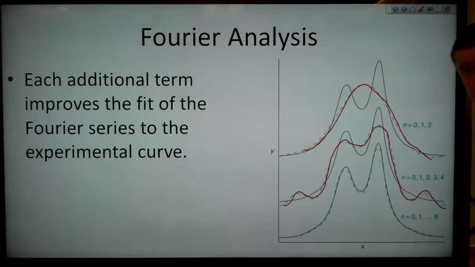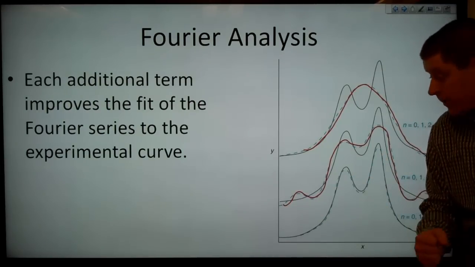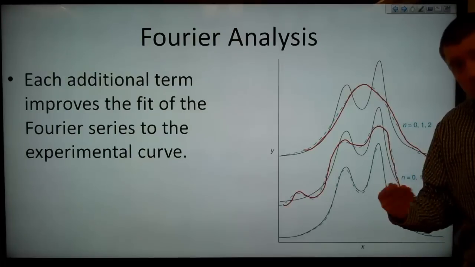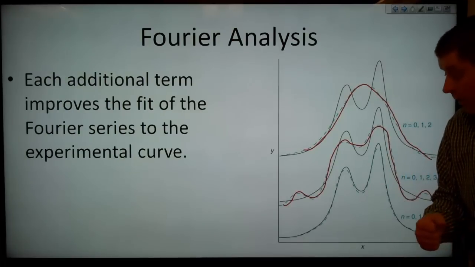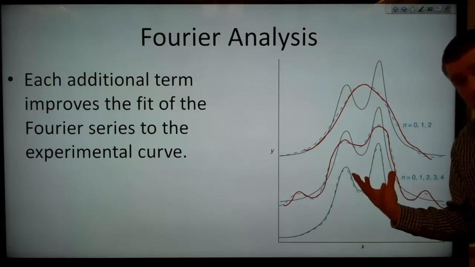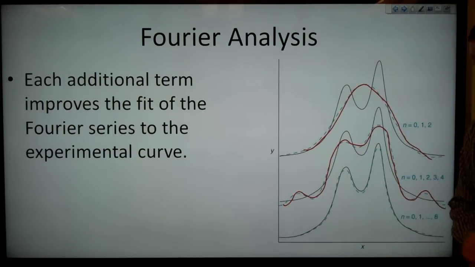We're still not exactly describing our curve here. And so if we continue to add additional terms, then we'll get closer and closer to our fit. And the Fourier analysis says that we're going to need an infinite number to compose our curve here.